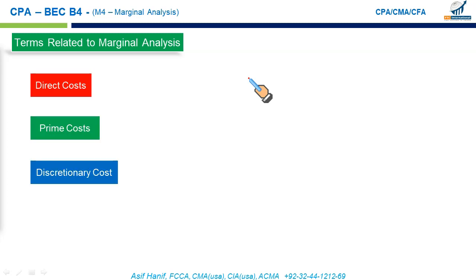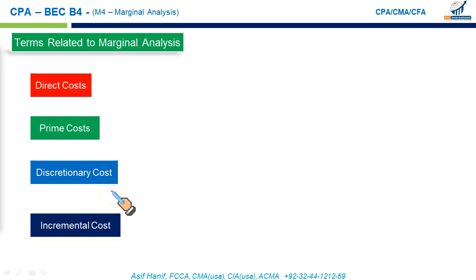Discretionary cost, as the word suggests, these are the costs that are dependent upon the management's decision. If the management decides so, these costs will be incurred, like research and development budget, marketing budget. And if the management decides not to incur, they won't be spent. So these are, of course, since based on the management decision, relevant.